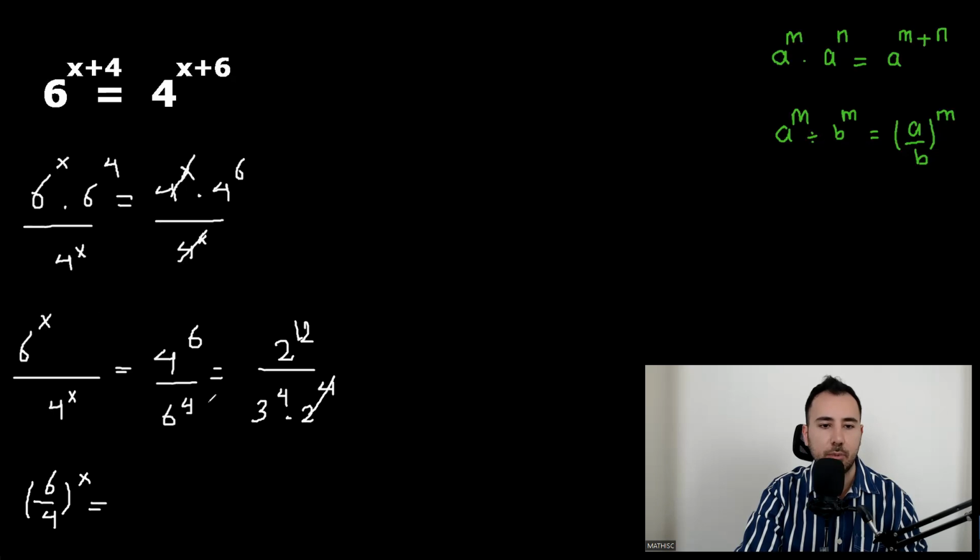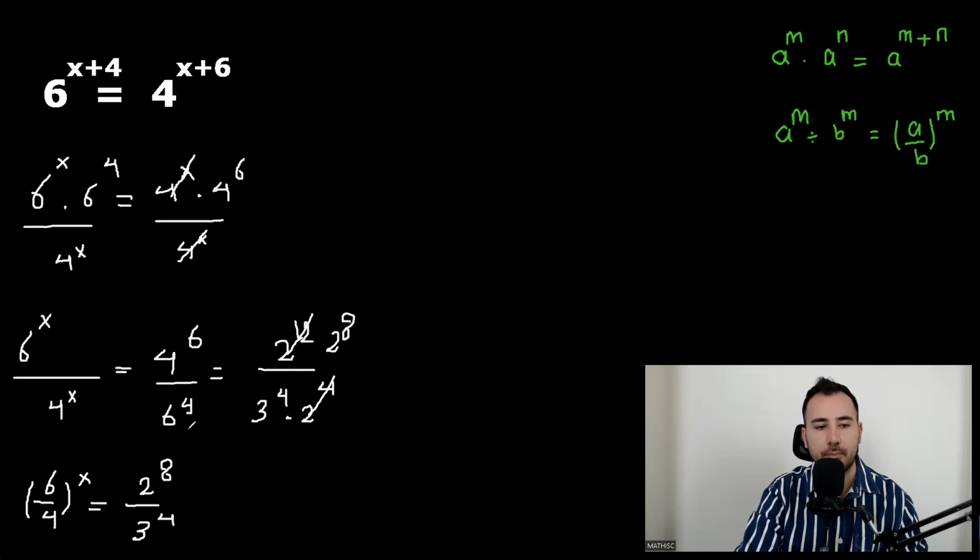Simplifying these two, what do I get? 2 to power of 8 over here. So this becomes 2 to power of 8, okay, over 3 to power of 4.